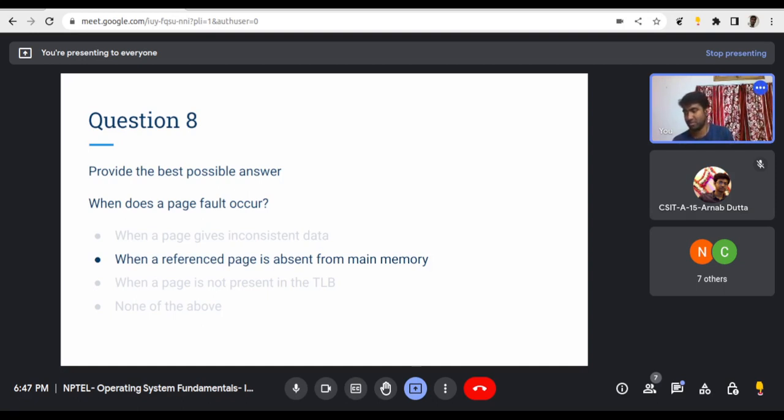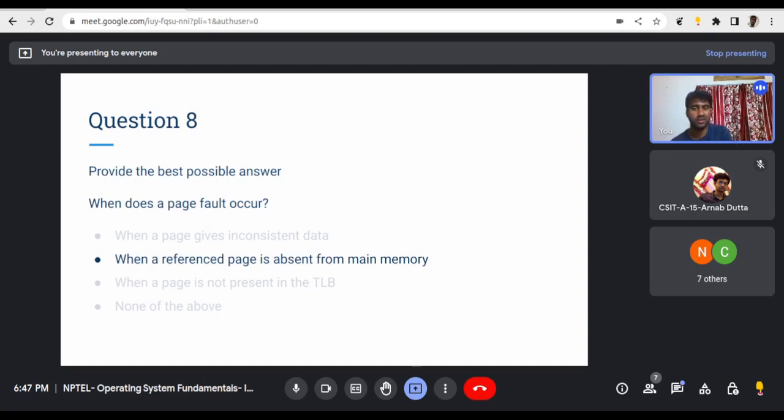When a page entry is not present in the TLB, that is referred to as the hit and miss of the TLB. Now this is the page fault, in which case the page is altogether not present in the main memory.